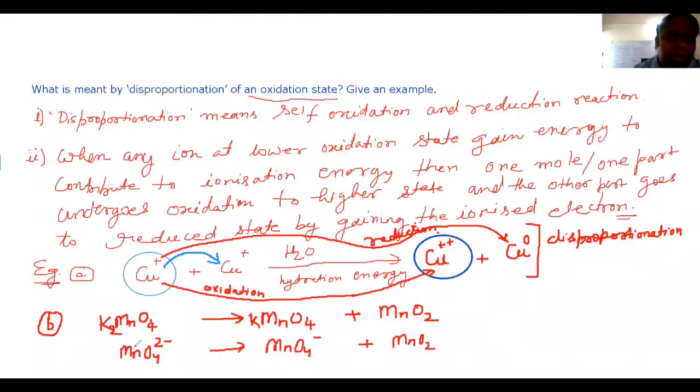So x is equal to 8 minus 2 equal to plus 6. This was plus 6. This was plus 7. And this was 0.